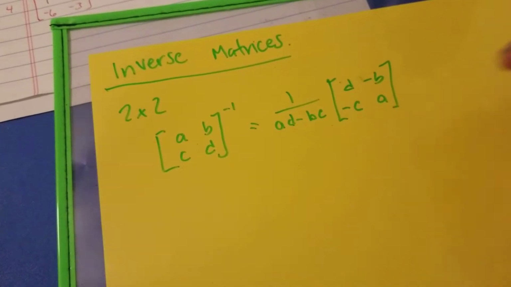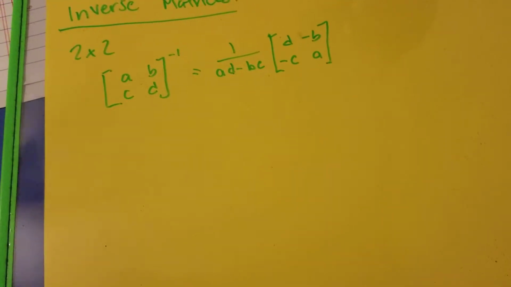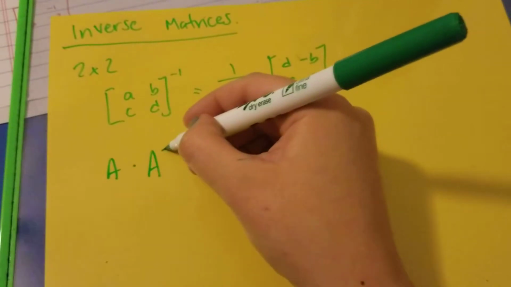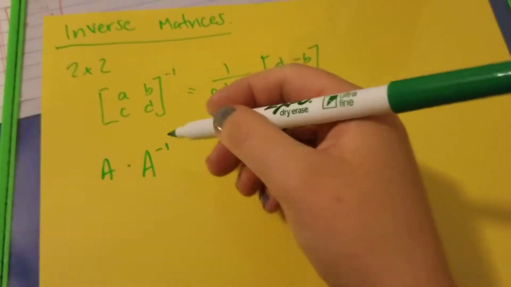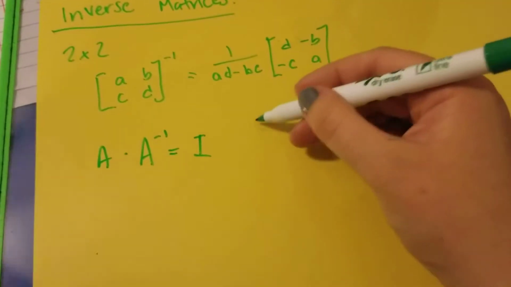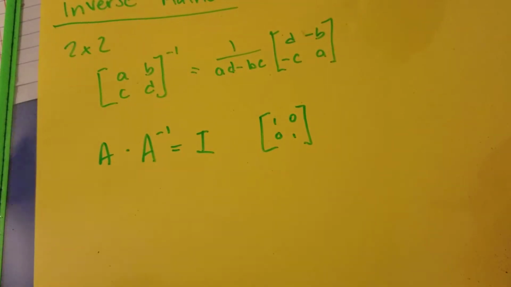Also, the thing behind inverse matrices, before I start giving an example, is that the matrix times the inverse matrix equals the identity. Remember with identity, from the previous video, it equals this.